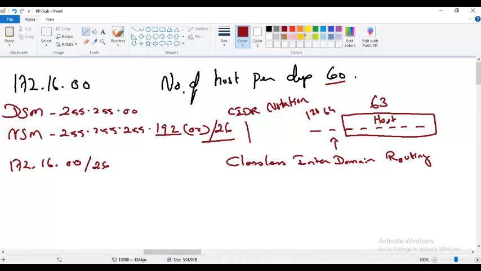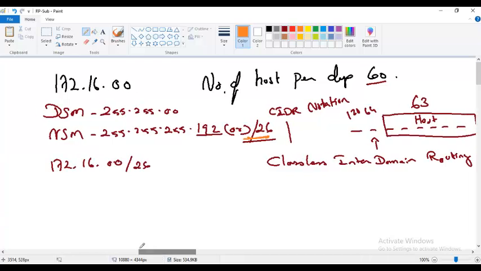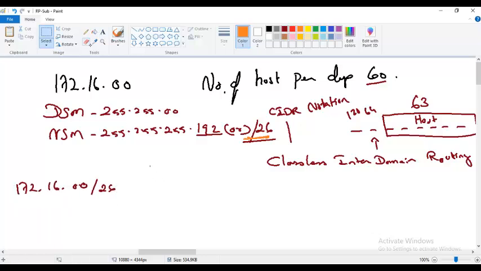Now, this is the first network. The second will be 172.16.0.64/26. 172.16.0.128/26.